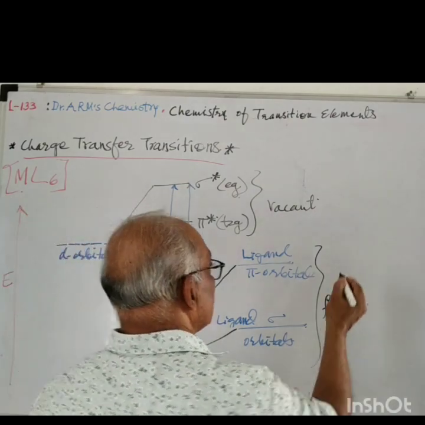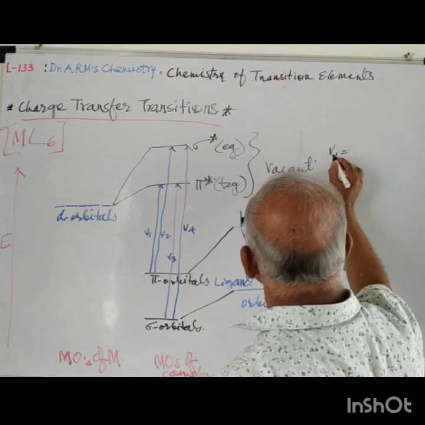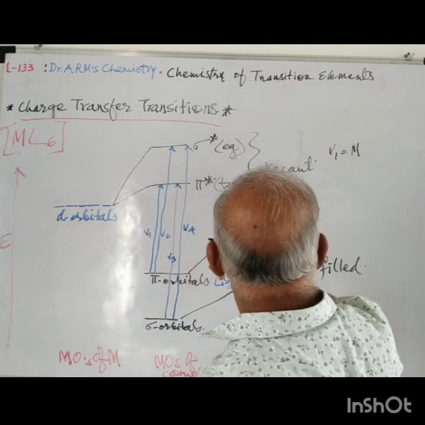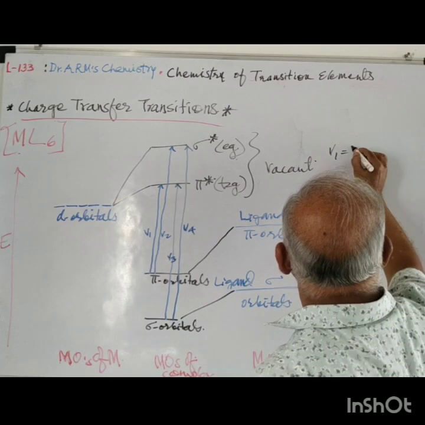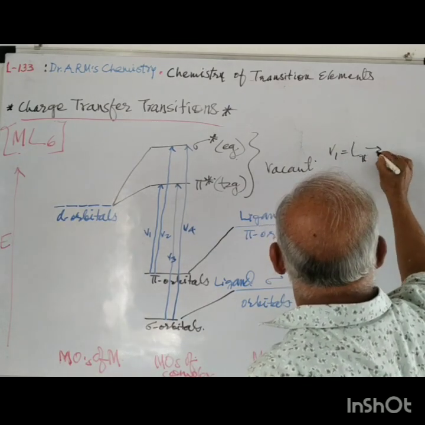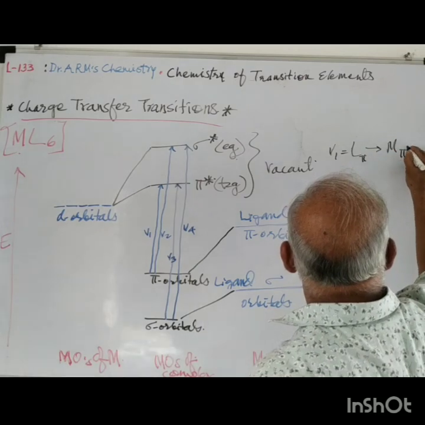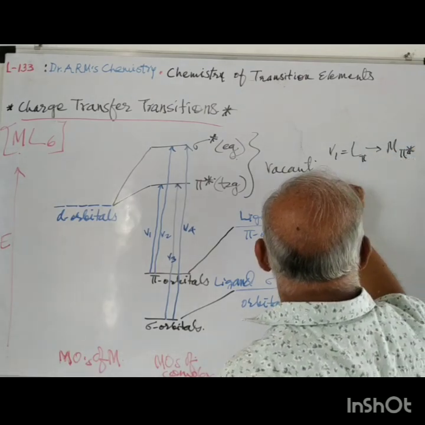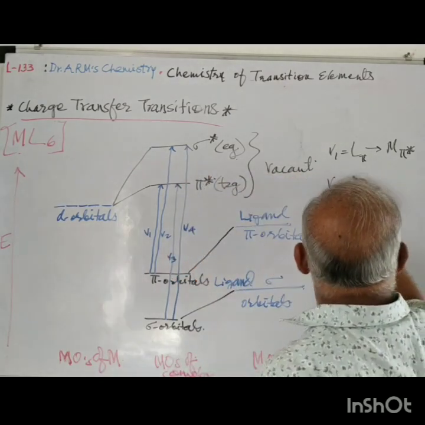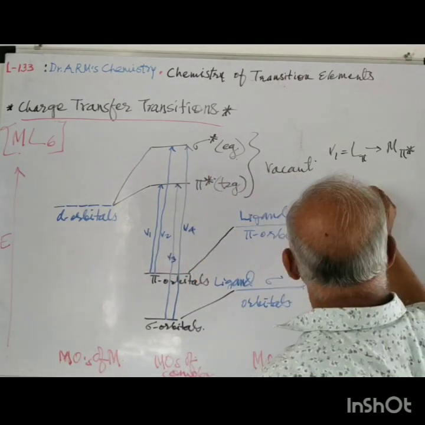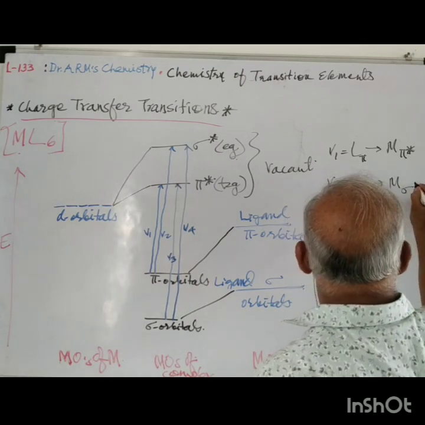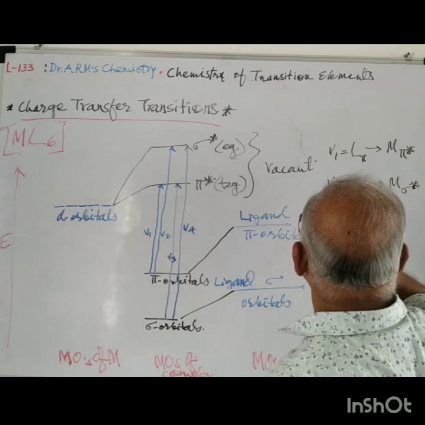So V1 is composed of these ligand pi orbitals to metal pi star orbitals. Then the V2 type of transition is composed of these ligand pi orbitals to metal sigma star orbitals.